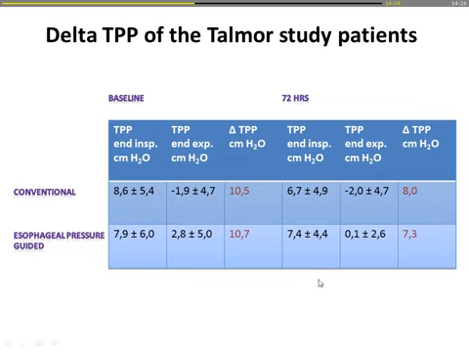And if you look carefully, in the conventional group, before the change of the settings, it's quite comparable. It's 10.5 or 10.7 transpulmonary delta pressure. And after the trial, it's 8 versus 7.3. All far away from the range that has been thought to be dangerous for the patients.